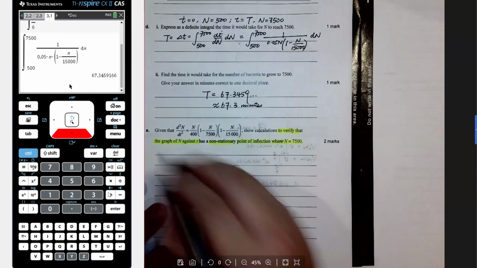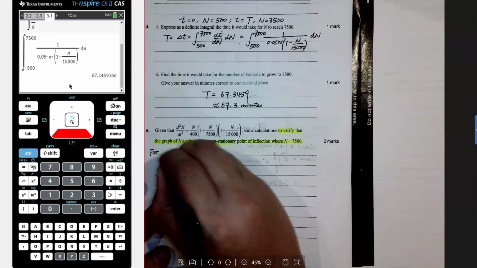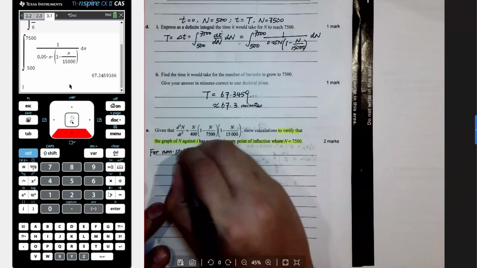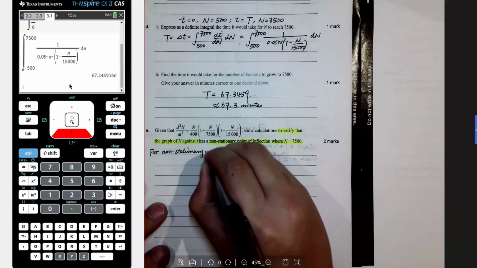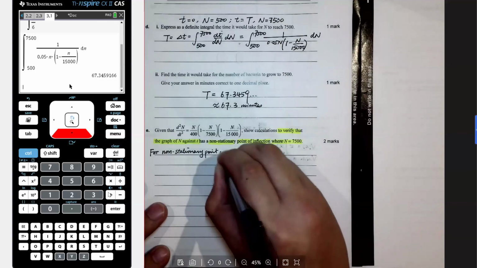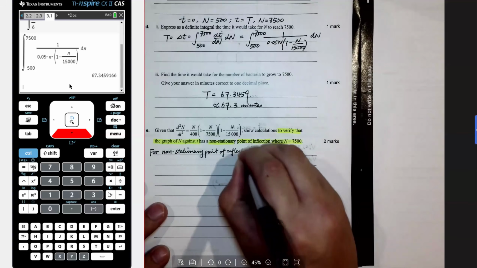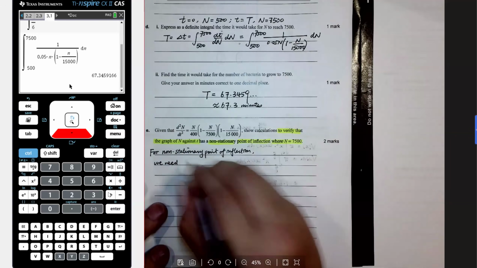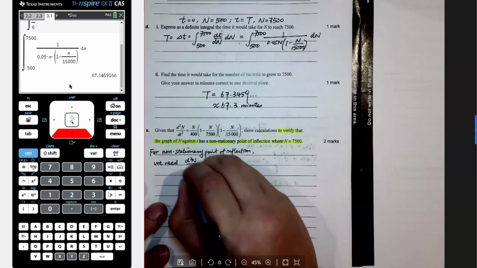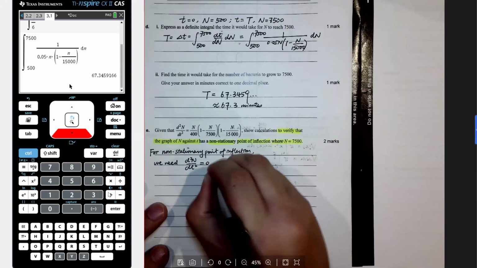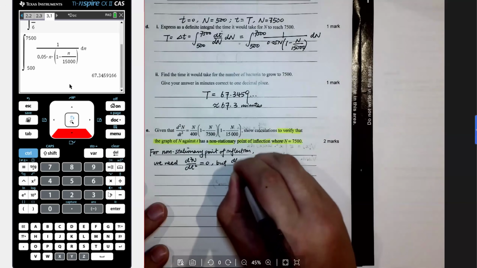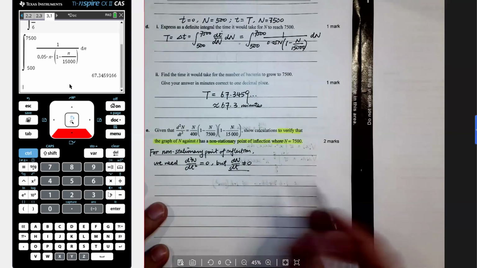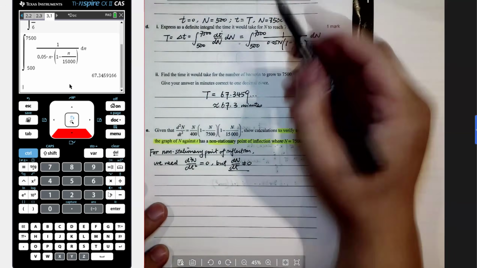So what I'll write here is first, for a non-stationary point of inflection, we need the second derivative equal to 0, but my first derivative is not equal to 0. If my first derivative is not equal to 0, then look at the structure here.